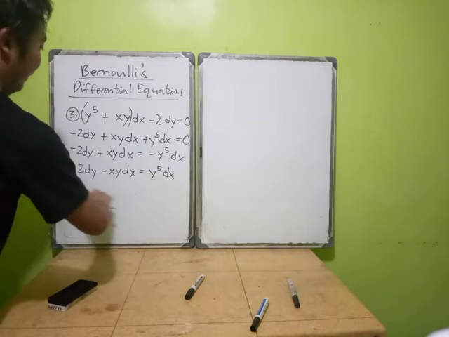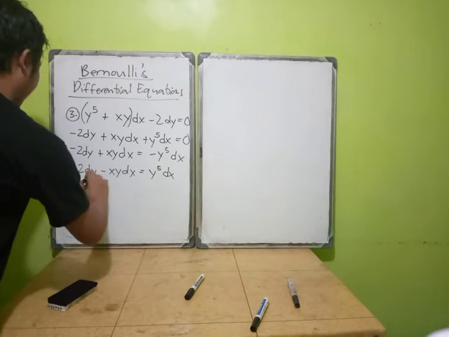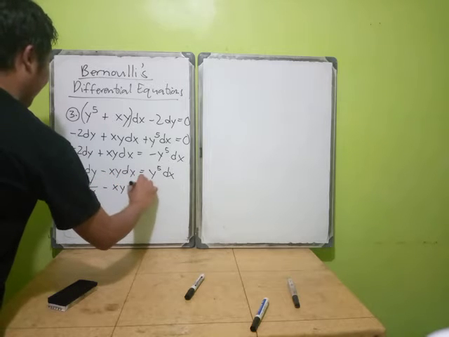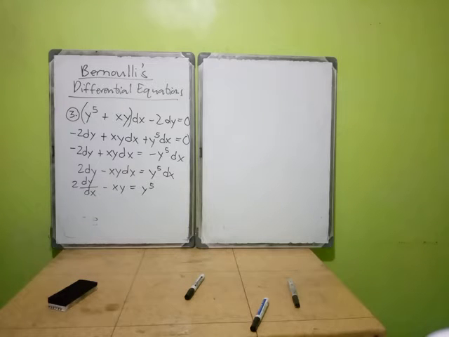Okay? I-divide ko ang lahat ng term by dx. So, magiging 2 dy over dx na siya minus xy is equal to y to the power of 5. Yan. So, ano pang gawin natin? Okay?